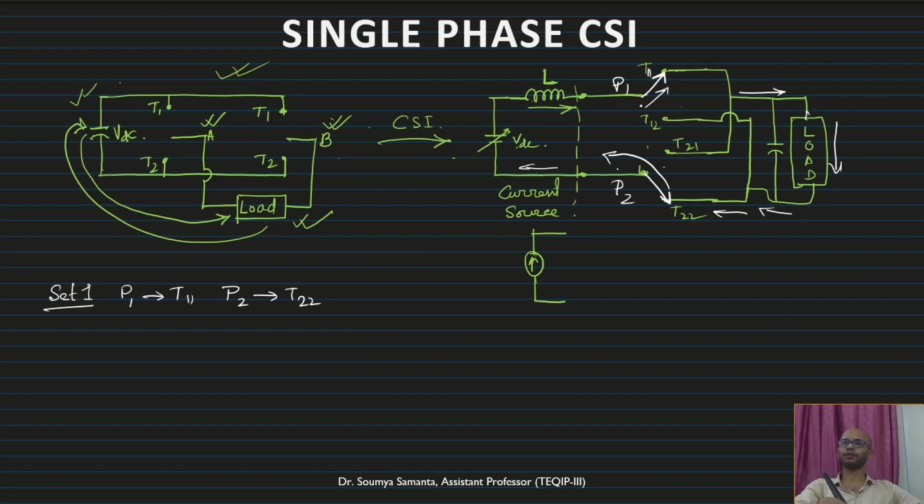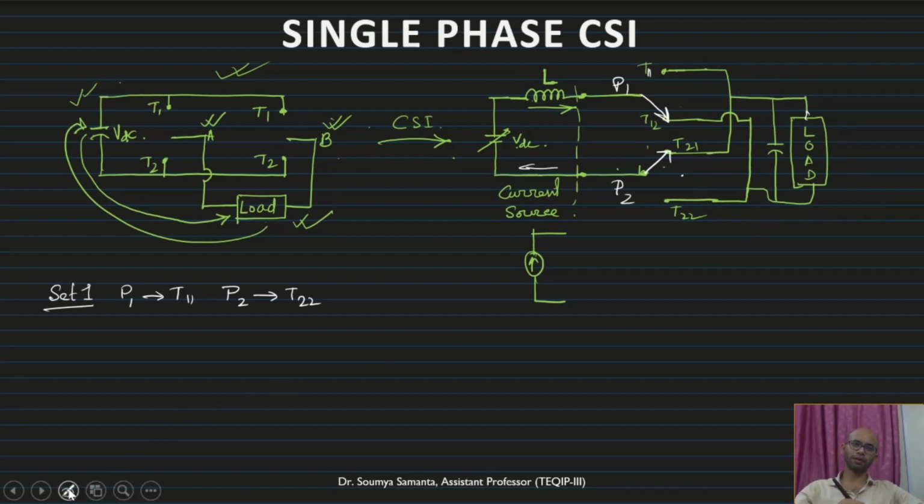Now what will happen if I change this connection? Let us say this is connected to this and this is connected to this. Let me change the color and explain this one. First, the direction of the current through the inductor will not change. This direction will be the same.